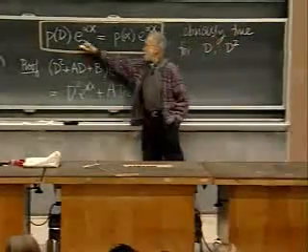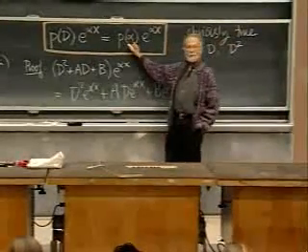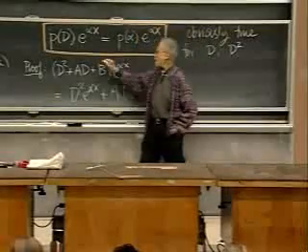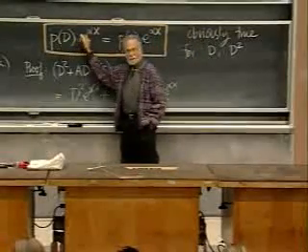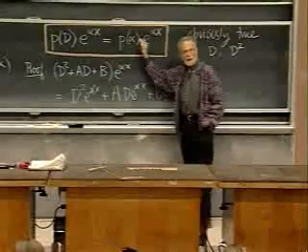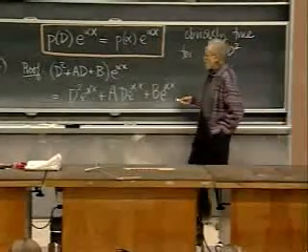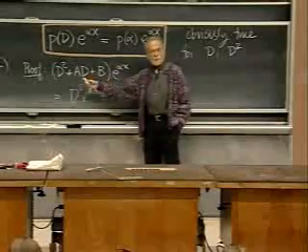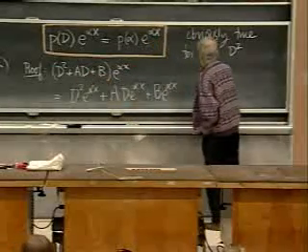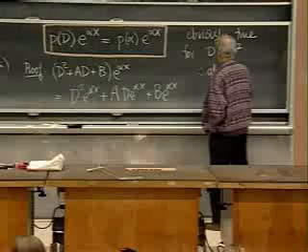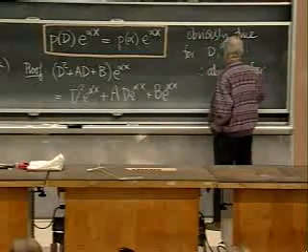D of e to the alpha x equals alpha times e to the alpha x. D squared of e to the alpha x equals alpha squared times e to the alpha x. And therefore it's true for linear combinations of these as well by linearity. So therefore it's also true for p of D.